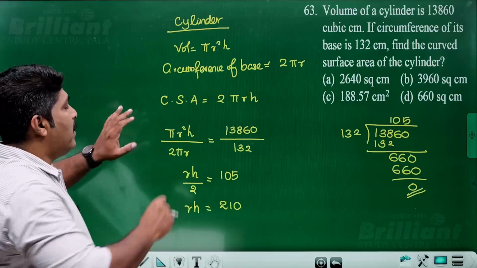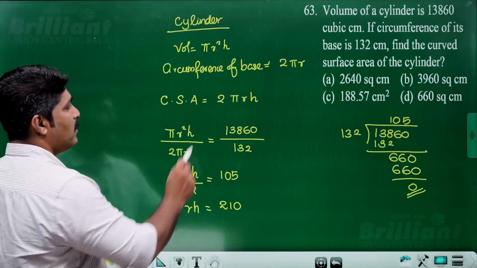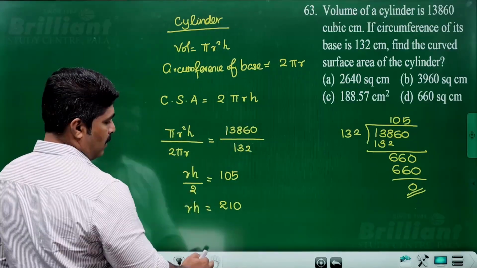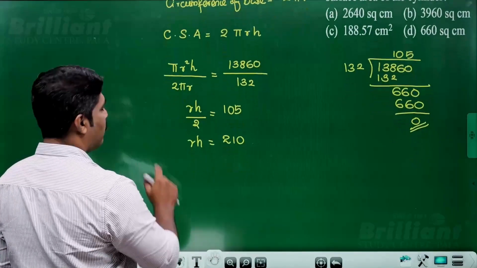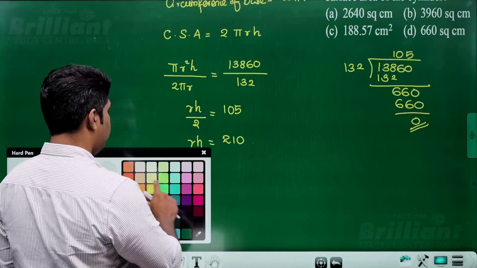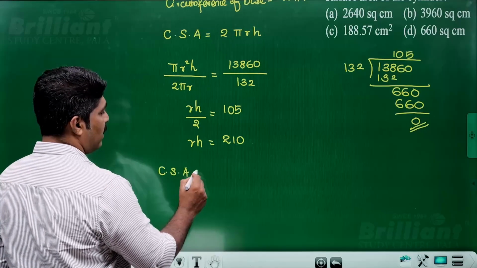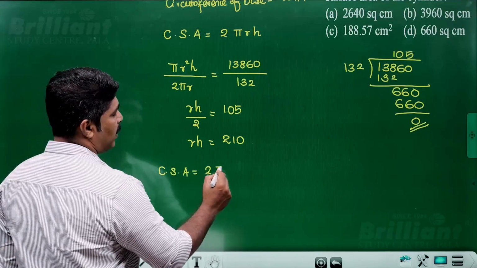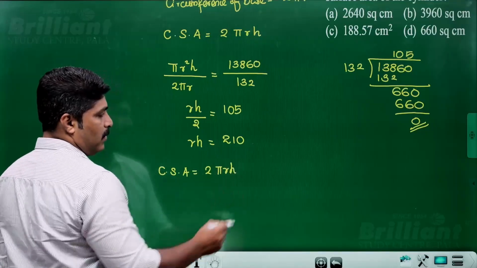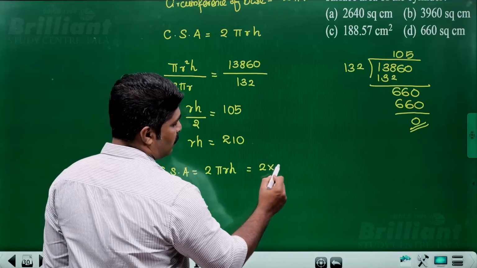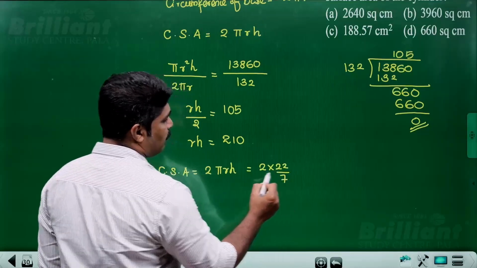What do we have to find? The curved surface area. So take it directly. What is the curved surface area here? That is 2 pi rh. So here this is 2 into pi, which means 22 by 7.